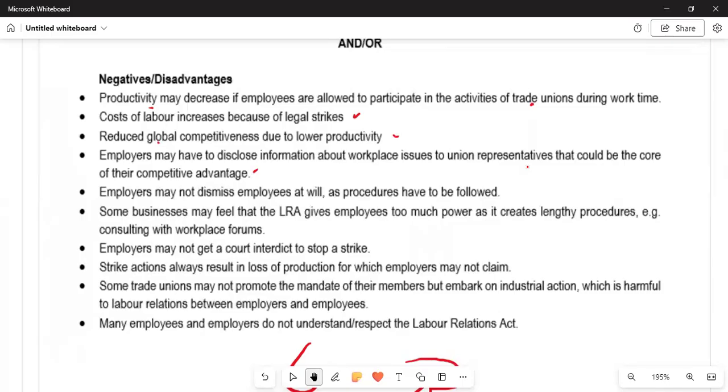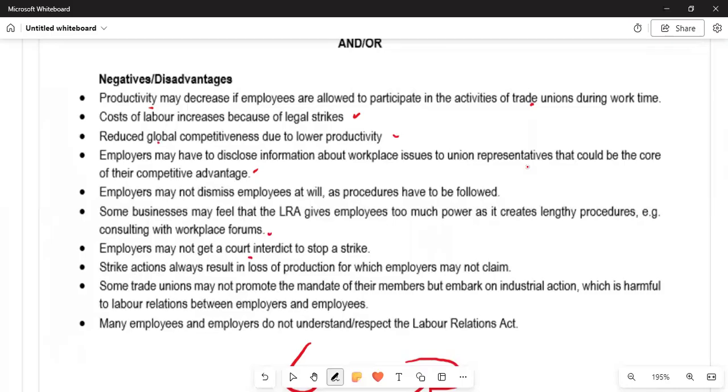And then let us talk about how employers may not dismiss employees unless the procedure is followed. Some businesses may feel that the law creates lengthy procedures, for example the consulting of workplace forums. And let us understand that employers may not get a court interdict easily. There is a prohibitory interdict, such as when a person is harassing you and you are prohibiting that particular person from coming near you.